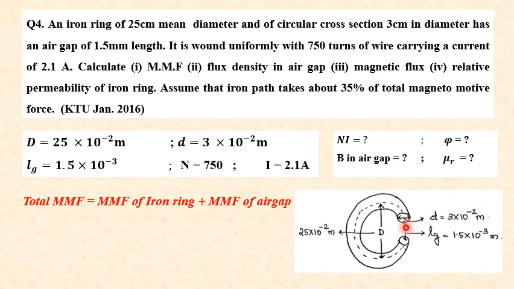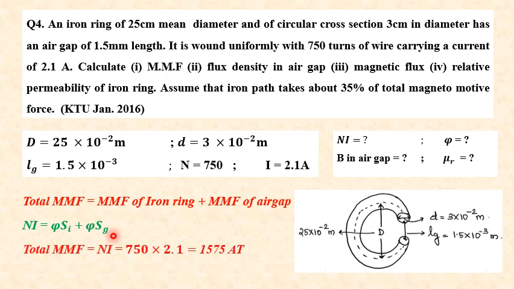So total MMF, that is Ni, equal to MMF of iron ring, that is phi into Si, plus MMF of air gap, that is phi into Sg. First we find the total MMF, Ni equal to 750 into 2.1, that is 1575 ampere turns.